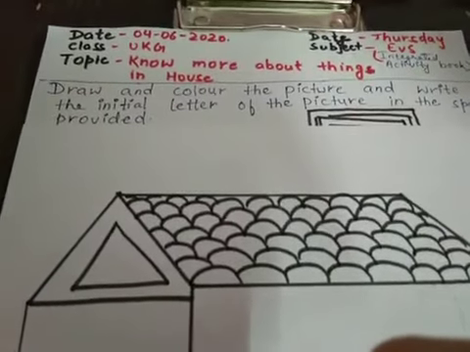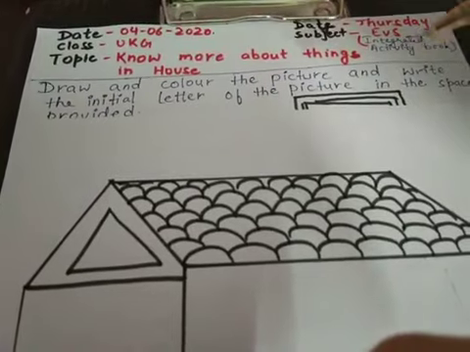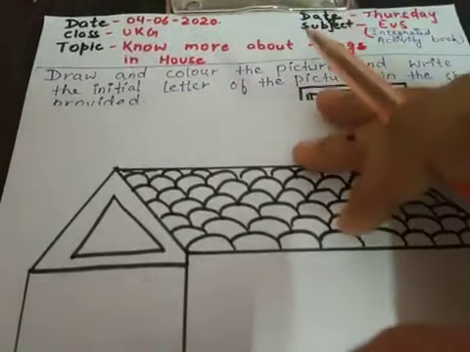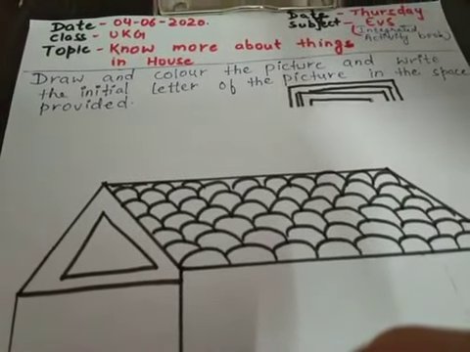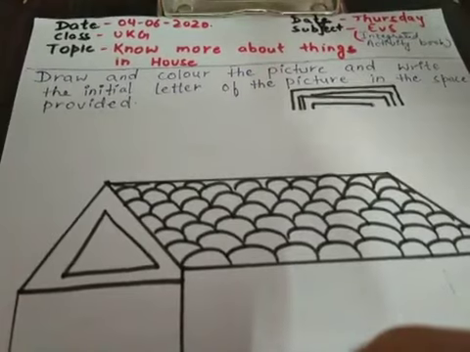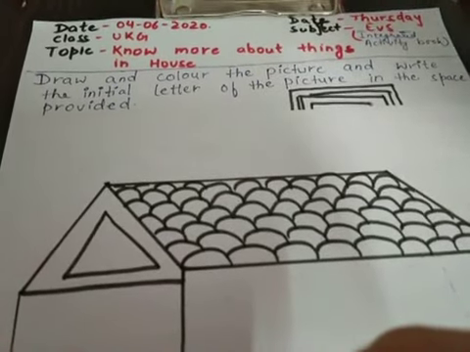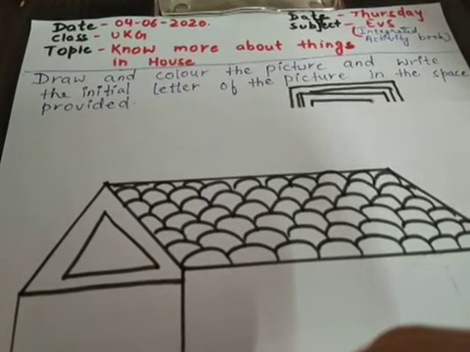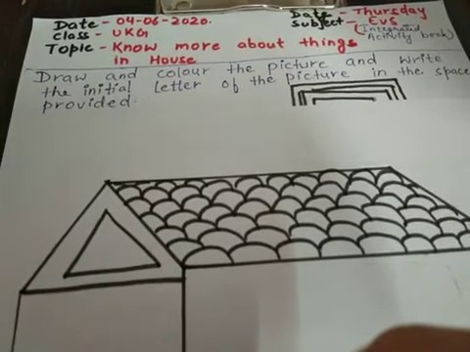Draw and color the picture and write the initial letter of the picture in the space provided. You don't have to write the whole word, just the initial letter.